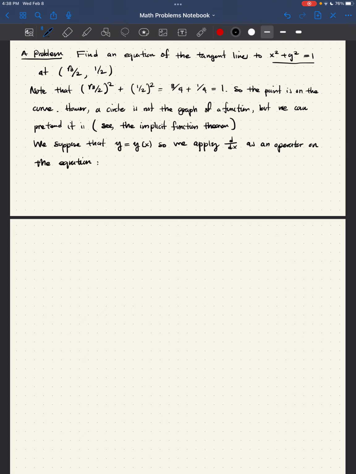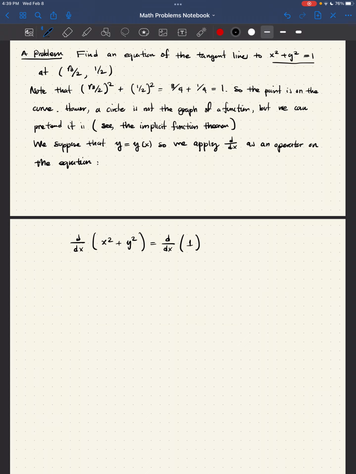How so? Well, I will have d/dx operated on x squared plus y squared should be the same as if I operate it on 1. This is like applying a function on both sides.